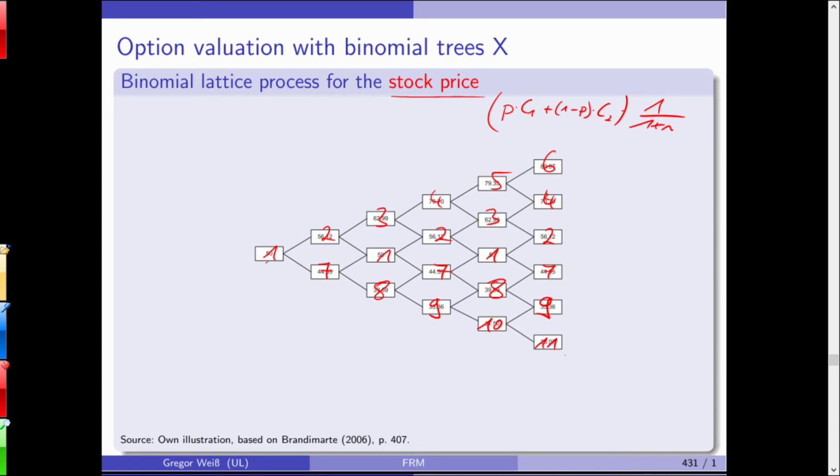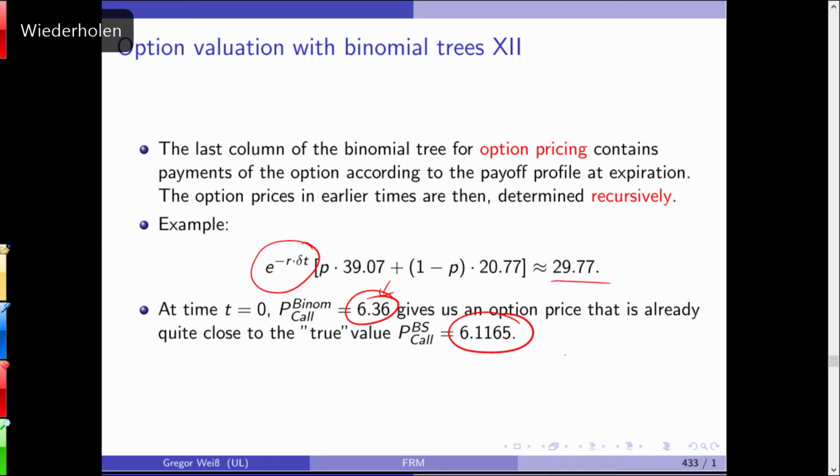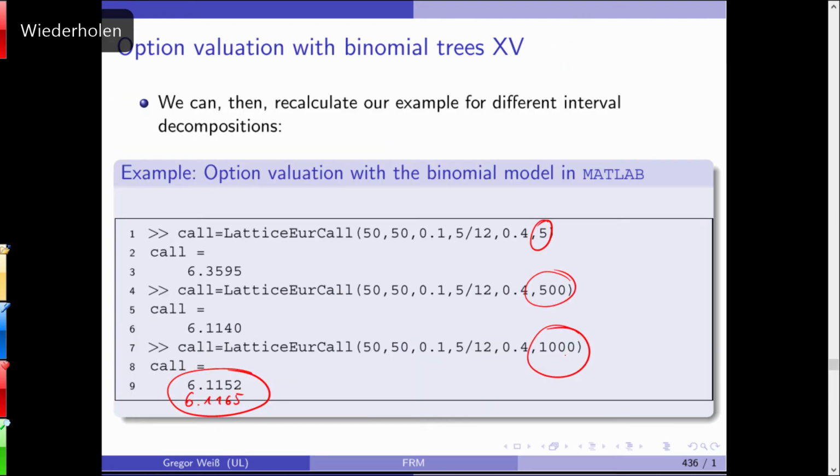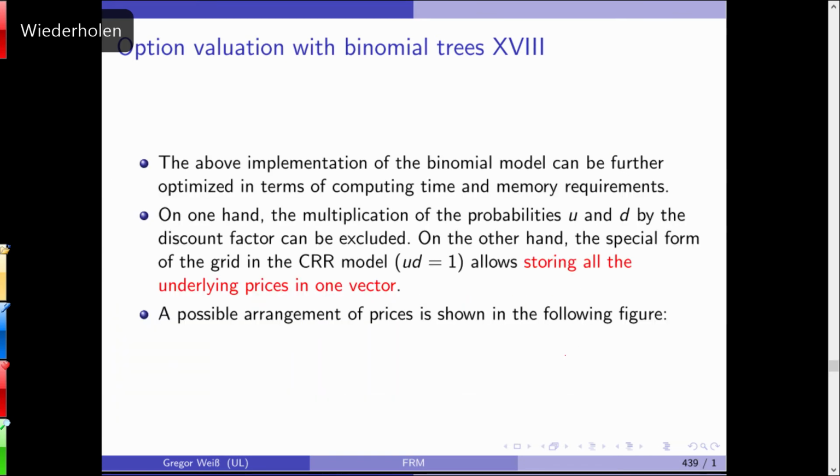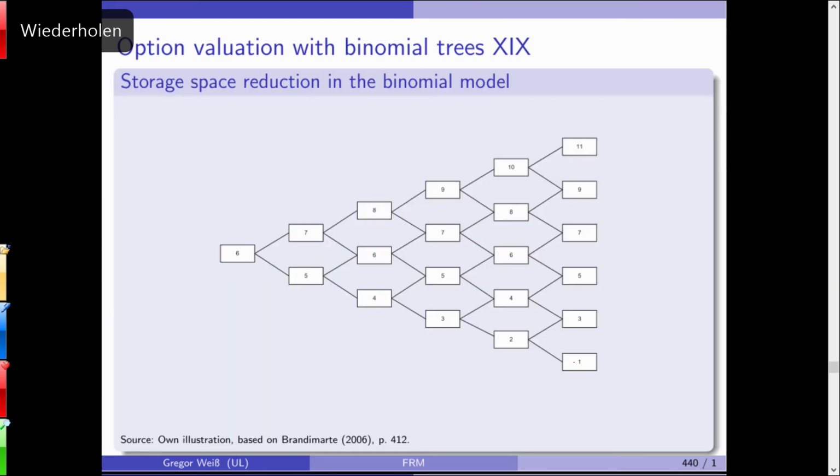So you only need to store a vector with 11 entries because you know the structure of this lattice. And this is a very odd way of numbering and indexing it, but a better way, of course, is to do this: 1, 2, 3, 4, 5, and so on. And you see that actually you only need 11 entries in a vector and you don't need a matrix.